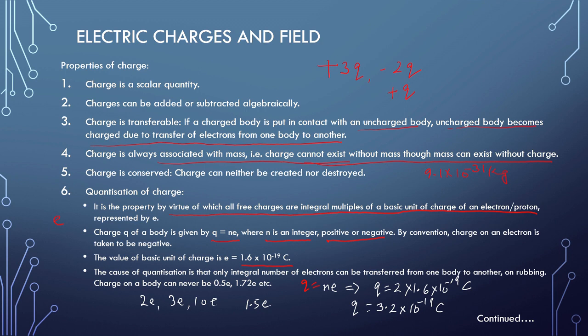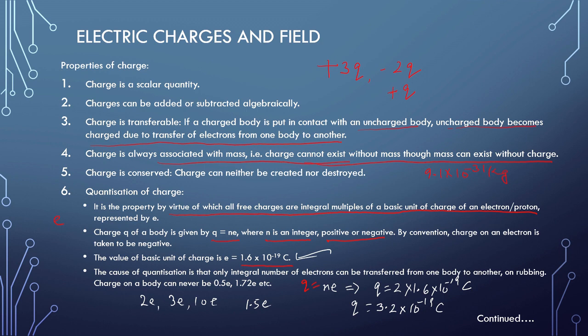So when one electron is transferred, the charge on a body would be 1.6 into 10 to the power of minus 19 coulomb, because one electron has charge equal to 1.6 into 10 to the power of minus 19 coulomb. If I say 2 electrons are transferred, I have shown it to you. If 4 electrons are transferred, then 4 into 1.6 into 10 to the power of minus 19 coulomb.